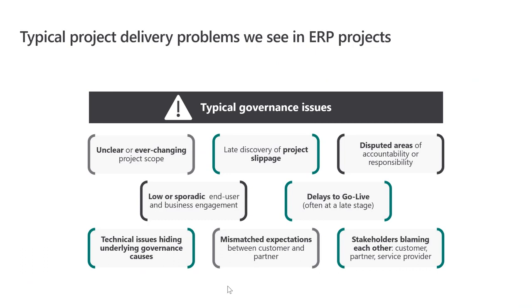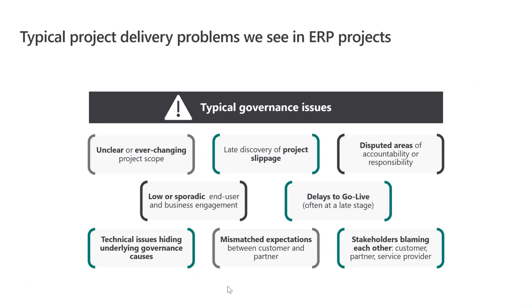Another common issue we hear about is low or sporadic end user or business engagement, where it looks like there's the core team from the business that's engaged, but you're not getting wider business to engage with the project until it's very late in the day, either at UAT or even beyond. And then many times we actually see technical issues that come up, but underlying them are governance issues.